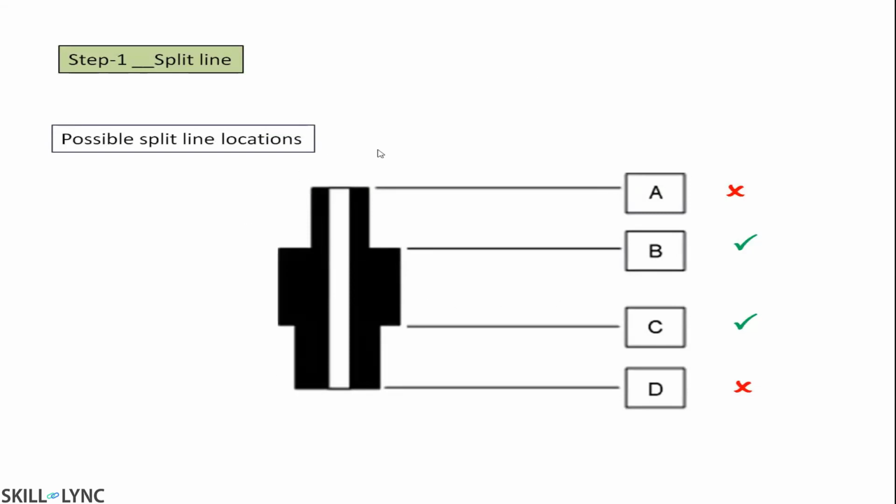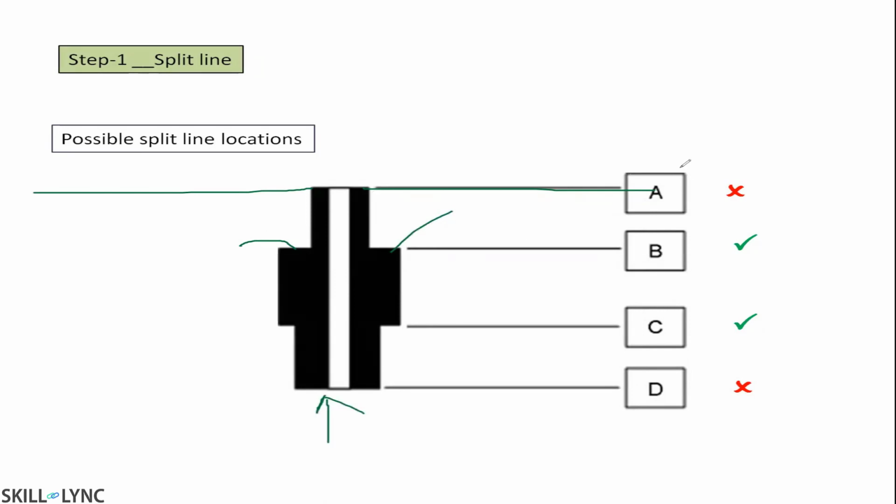For this part, this is the cross section of the part. What you see here, A and D won't be the split line. Why? If you take A as the split line, if you take this as the parting surface, then this will be an undercut for ejecting this part. If you eject from here, this will be an undercut.